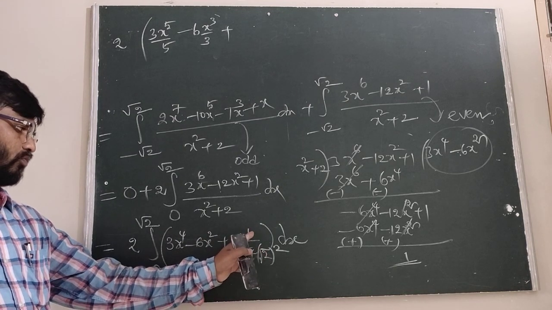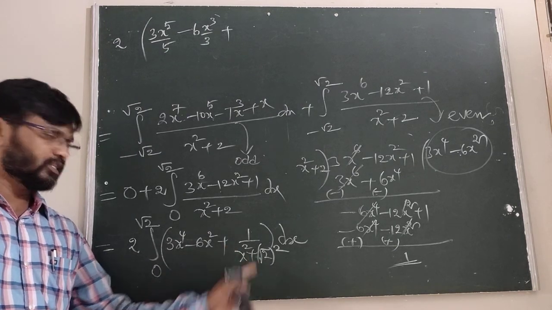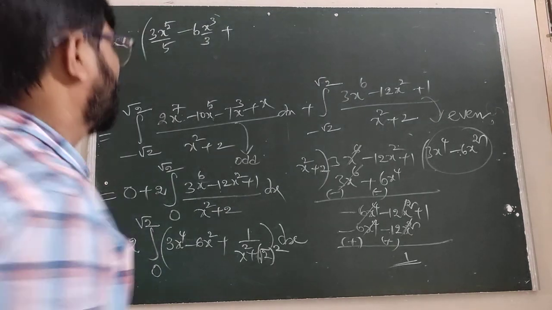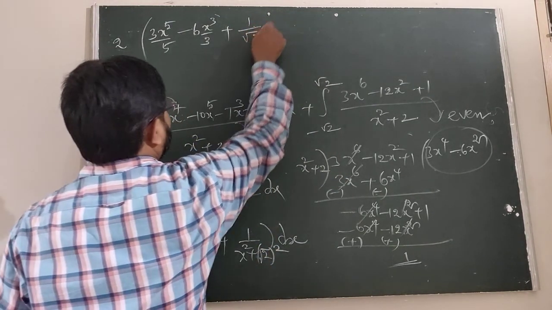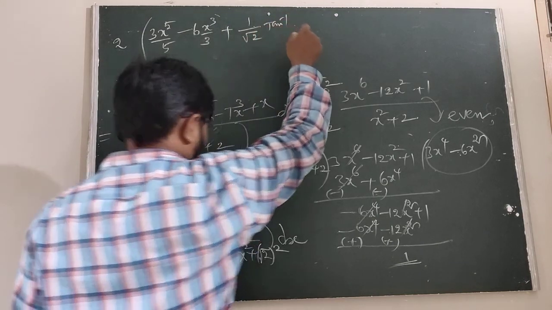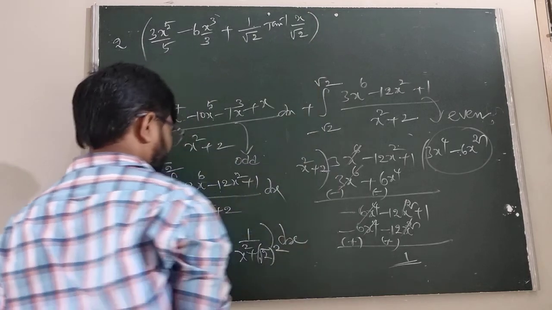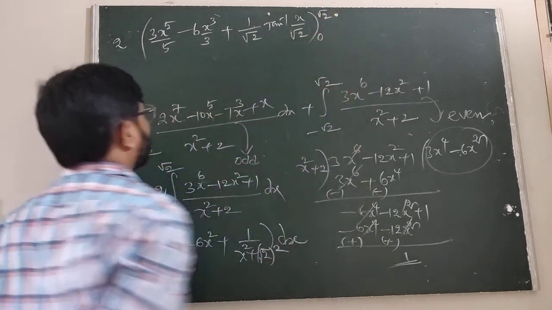This is compared with 1 by x square plus a square. The integral of 1 by x square plus a square is 1 by a tan inverse of x by a. 1 by a is 1 by root 2, tan inverse of x by root 2. The limits are 0 to root 2.